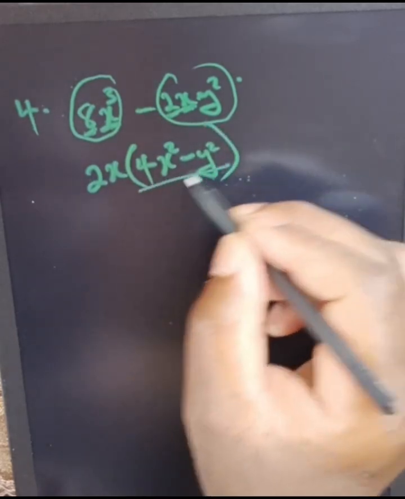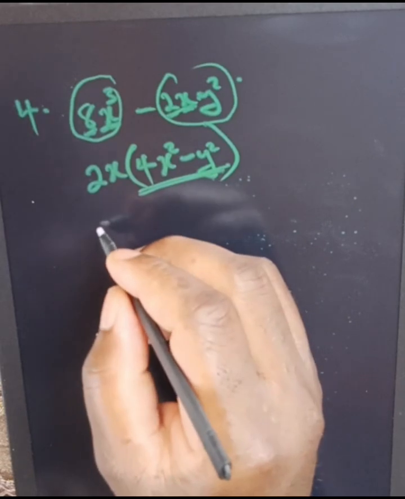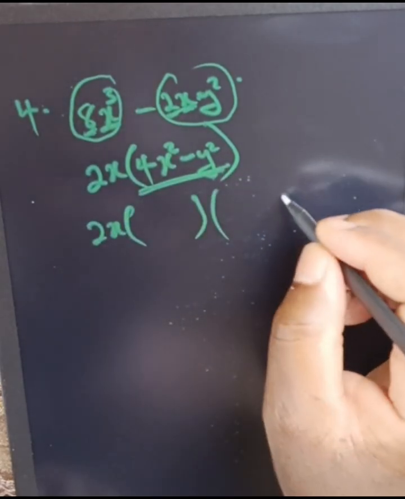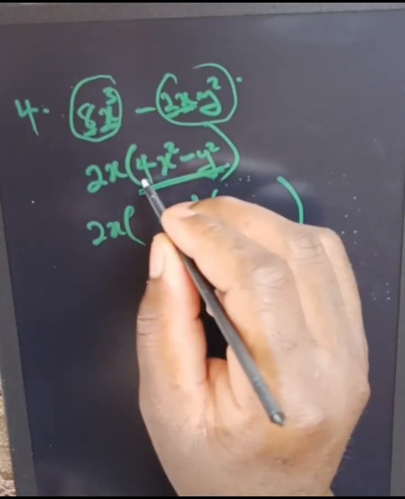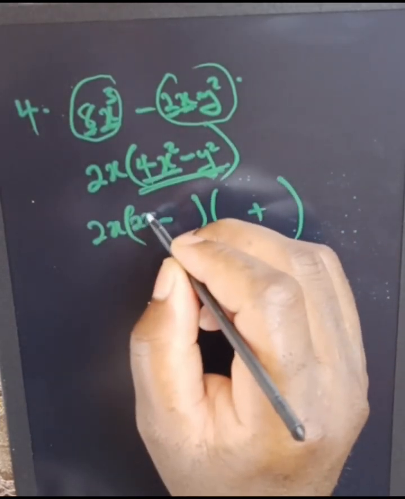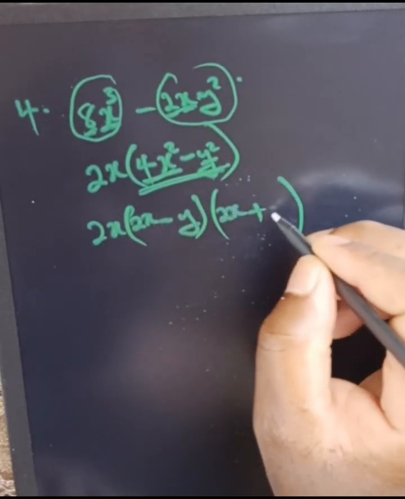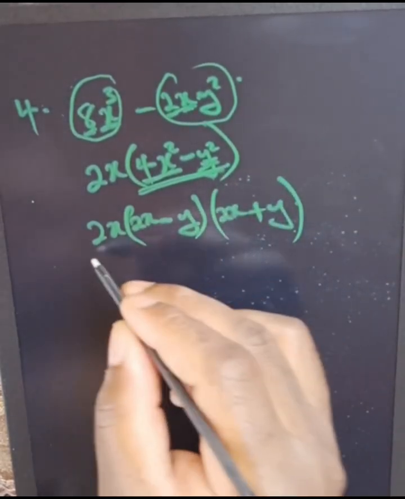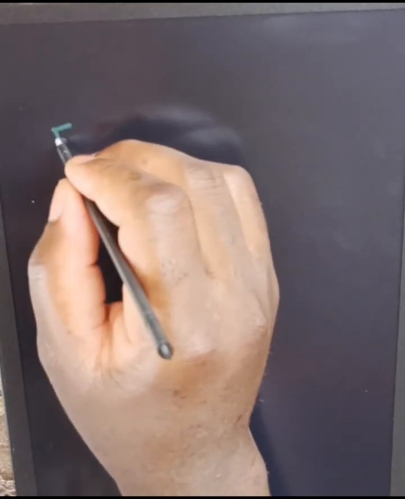Now we are left with a difference of two squares in our brackets. We need to apply the same concept again. 2x, open bracket, close bracket, open bracket, close bracket, a negative on one bracket and a positive on the other. We need to find the square roots: 2x and y, so 2x minus y, 2x plus y. So this is our final answer. We solved this completely.